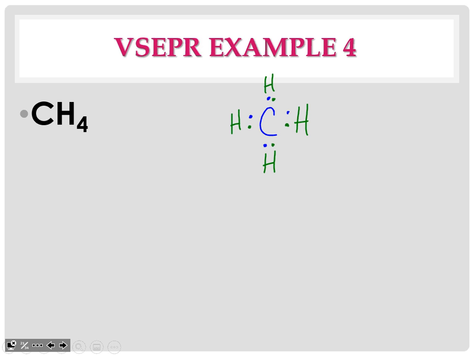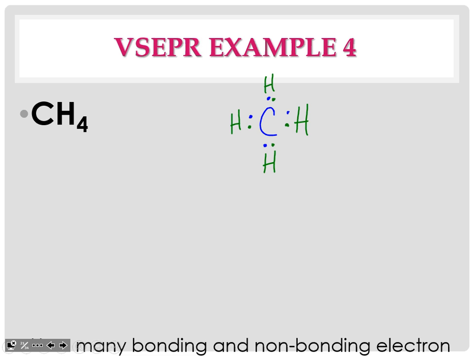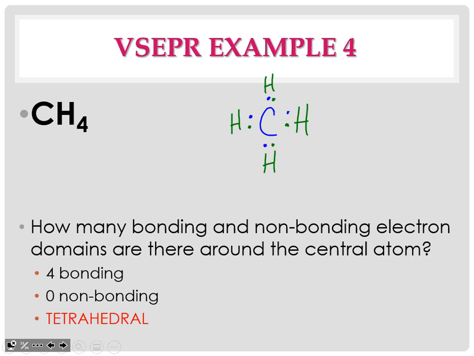So how many bonding pairs? 4. How many non-bonding pairs? 0. So what does 0 and 4 tell you? Tetrahedral. 0 non-bonding, 4 bonding, tetrahedral shape.